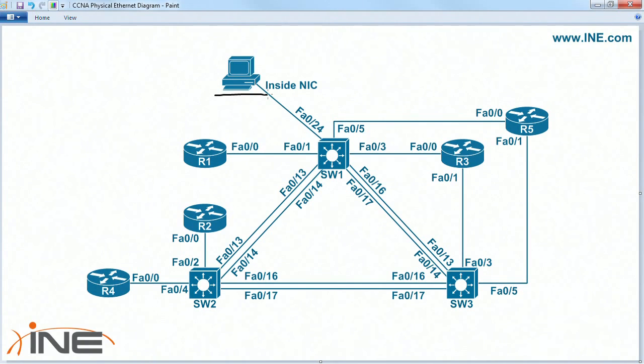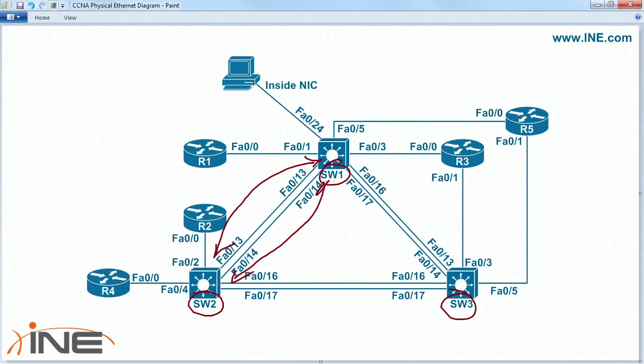How are they physically wired together? I have switch 1, switch 2, and switch 3. They have these category 5 Ethernet cables plugged in together, where on switch 1, port FastEthernet 0/13 connects to the other side on FastEthernet 0/13.